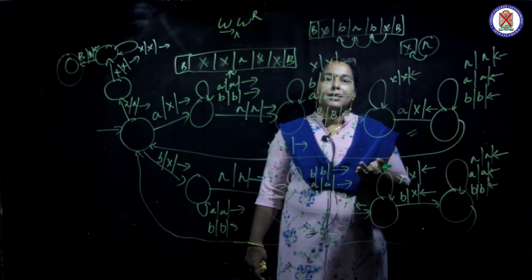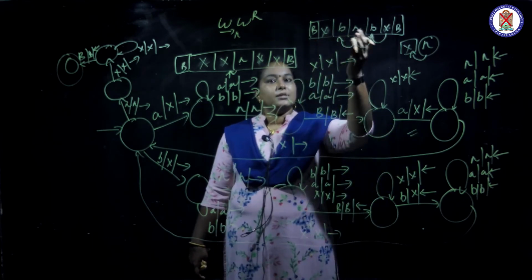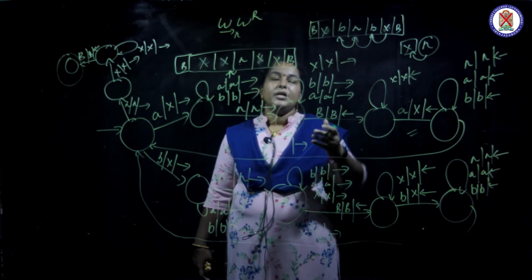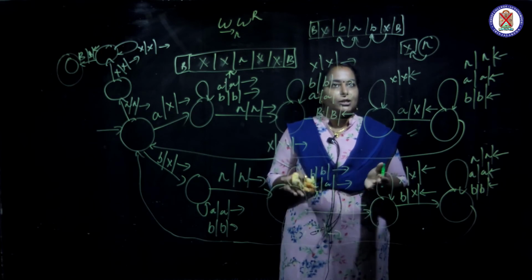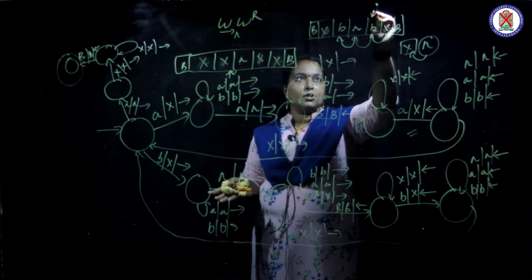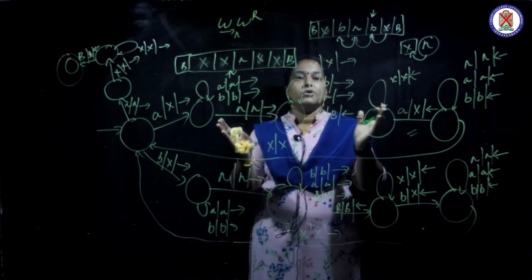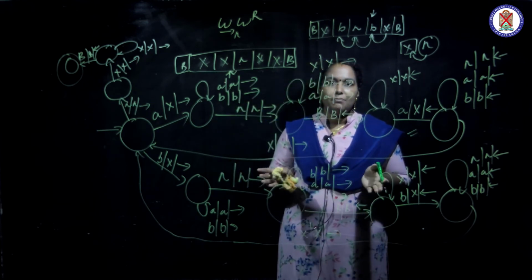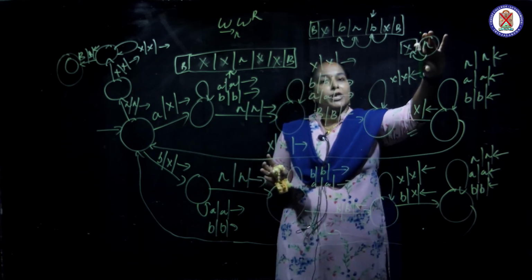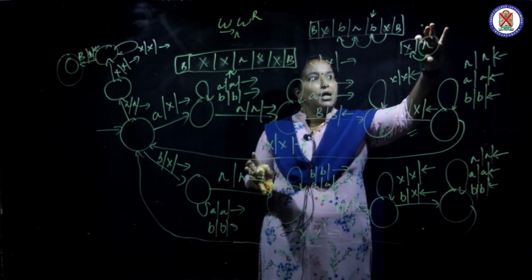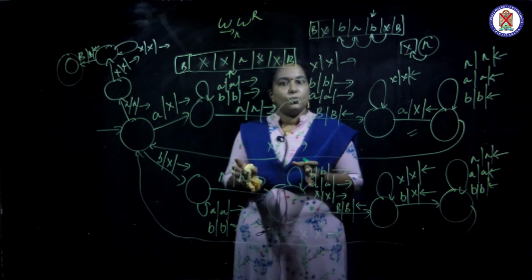If it is not correctly matched, in between null and x there will be some b's also. So that's the condition where the violation happens. Sometimes it will be here also. So if it is not correctly matched, it will be somewhere there. But if it is correctly matched, if all the symbols are correct, the pointer will be pointing to the cell before the null, and it will certainly be x.